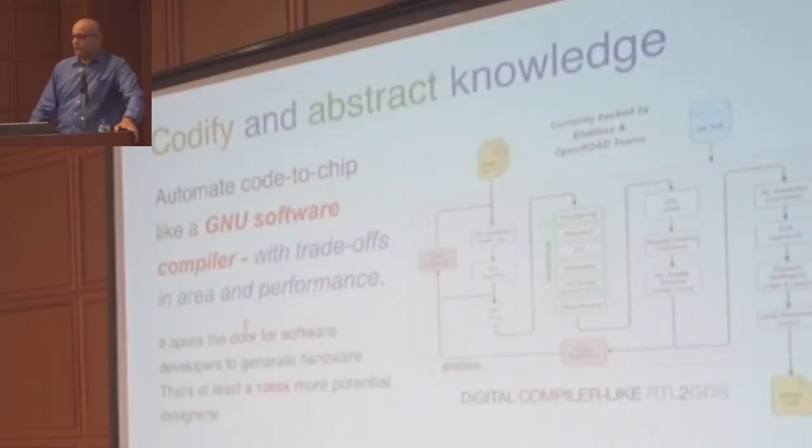One of the things we did around this was to create the OpenLane flow, which you can treat as a compiler, with some sacrifice on the PPA, and it allows software developers to use it. I'll attribute that to our friends at Google, the team we're working with. The statement was basically: I don't know what a DRC is, I don't know how to fix it, I don't want to see it.